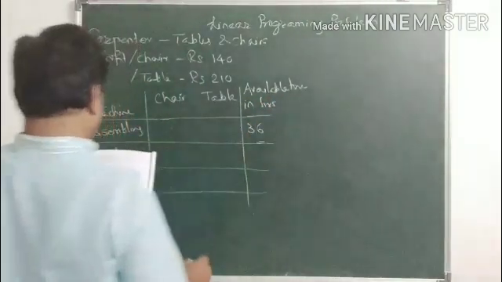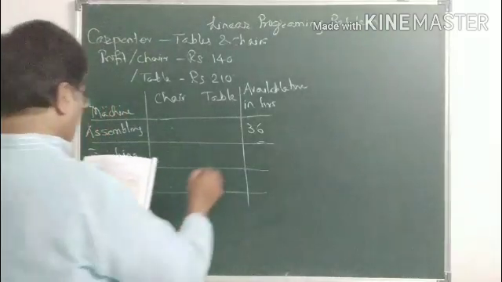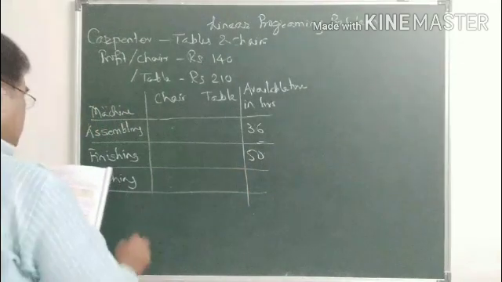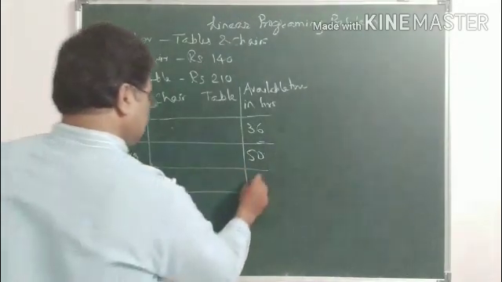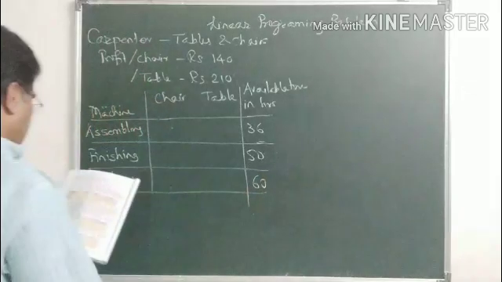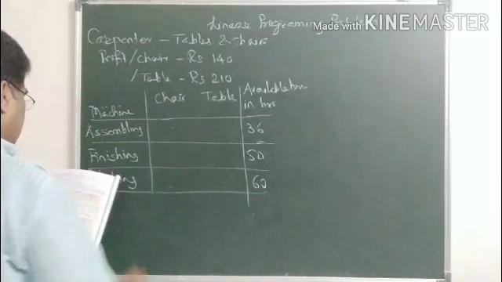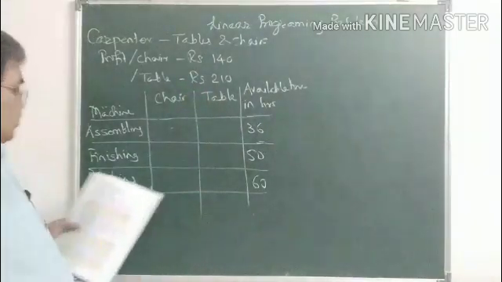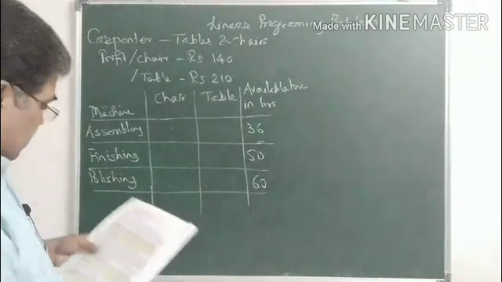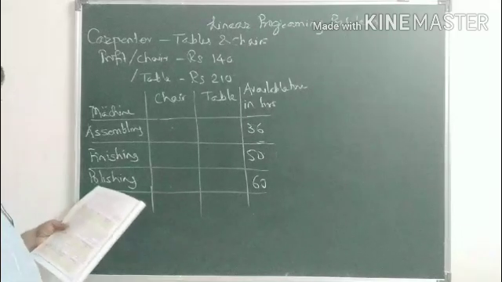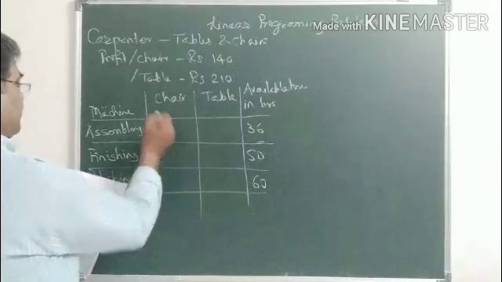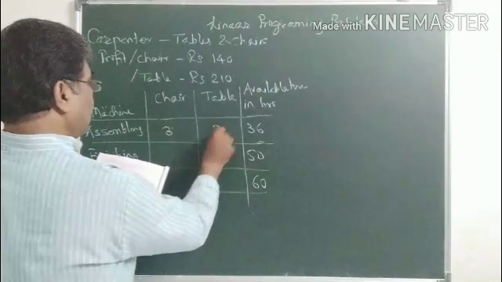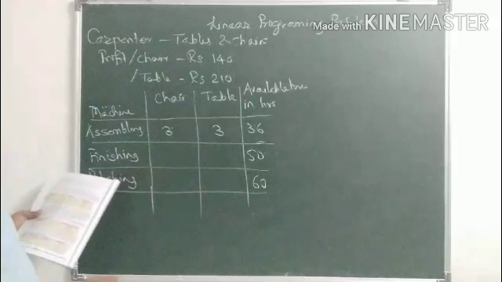36 hours are available for assembling both the products. 50 hours are available for finishing for chairs and table, and 60 hours are available for polishing of chair and table. Now, it is also given that one chair requires 3 hours on assembling, while one table requires 3 hours for assembling.